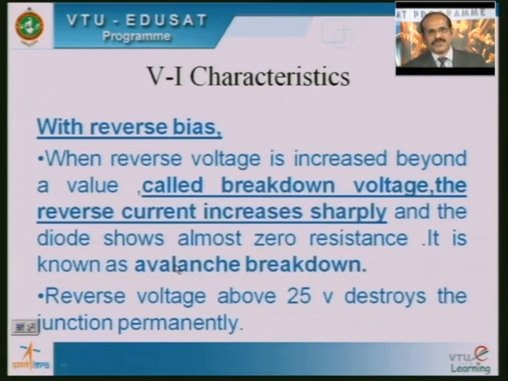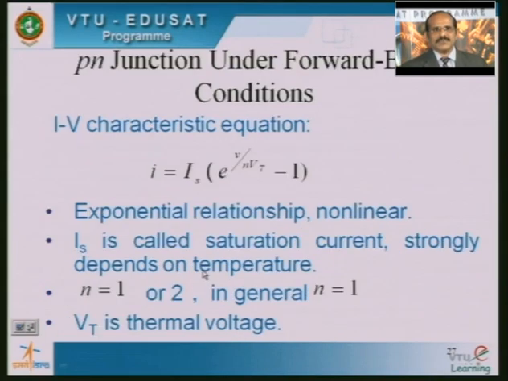If the reverse voltage is increased beyond a certain value called the breakdown voltage, then the reverse current increases sharply, and the diode shows almost zero resistance. This is known as avalanche breakdown. Reverse voltage above 25 volts destroys the junction permanently.